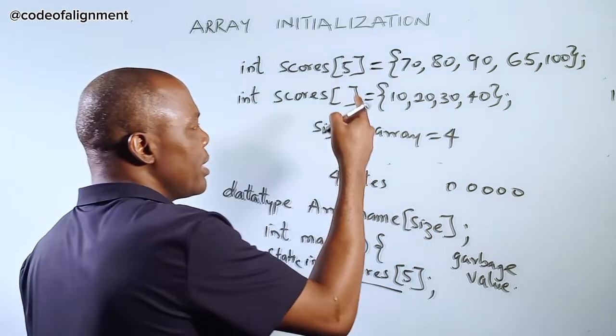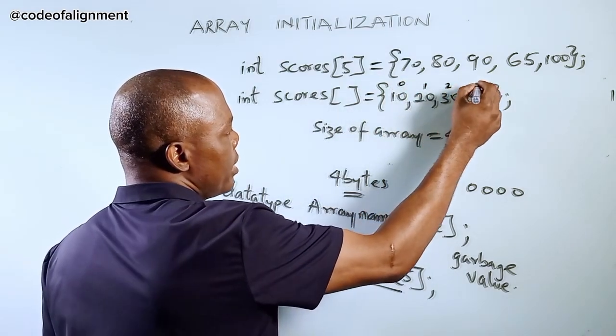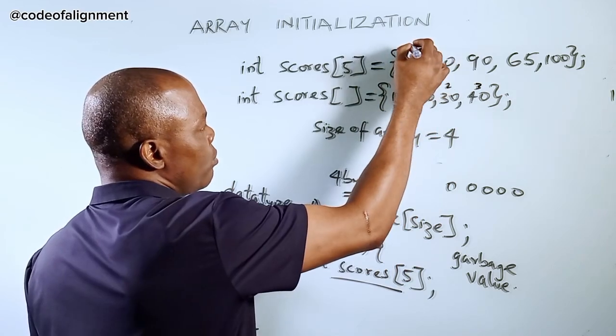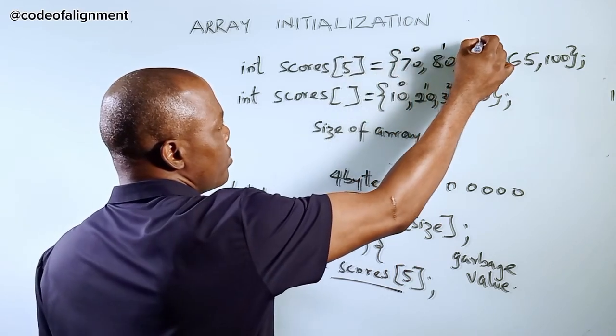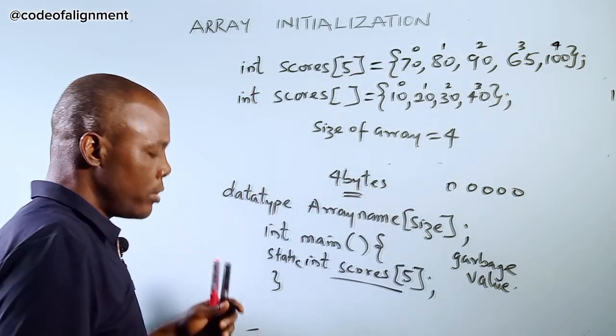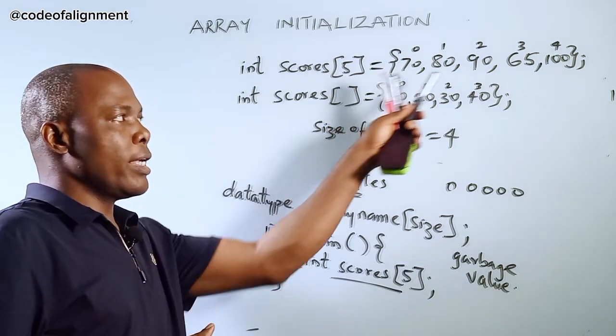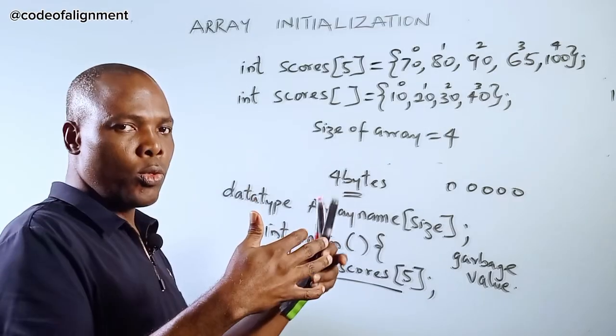Right? So the indices will be 0, 1, 2, 3. The indices for the earlier one will be 0, 1, 2, 3, 4. Those are the indices for these elements in the logical world.